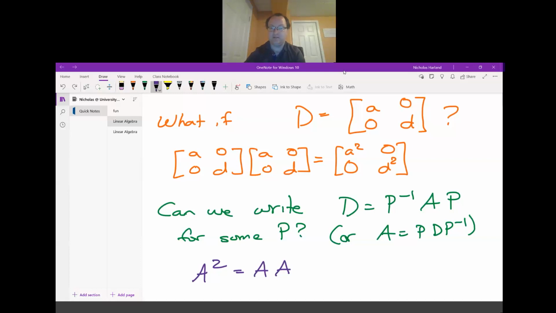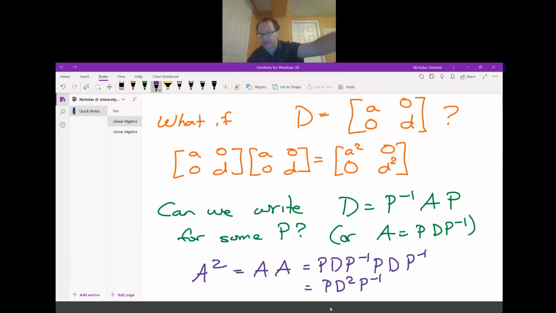Order matters. That would be P D P inverse, P D P inverse, and P inverse times P is just the identity, and we'd get P D squared P inverse. So if A can be diagonalized, and that's a big if, then we can square A by finding its diagonal matrix, squaring D, and multiplying on the outside.